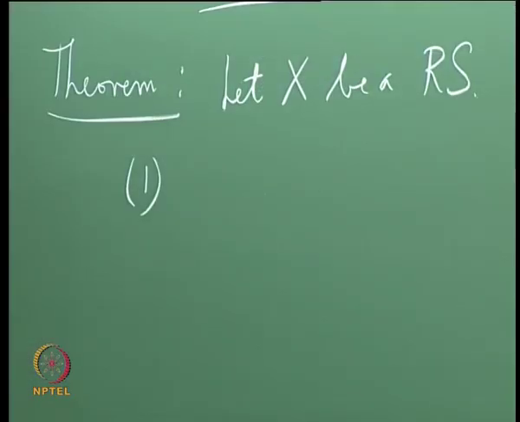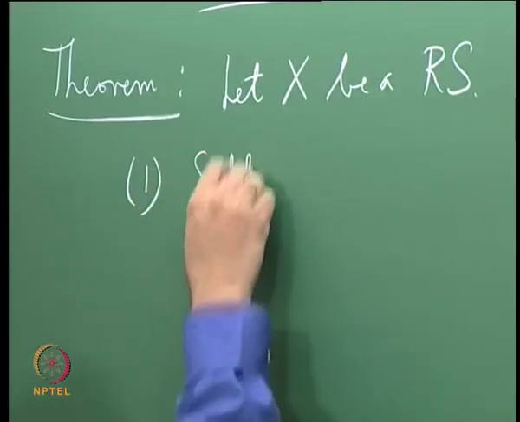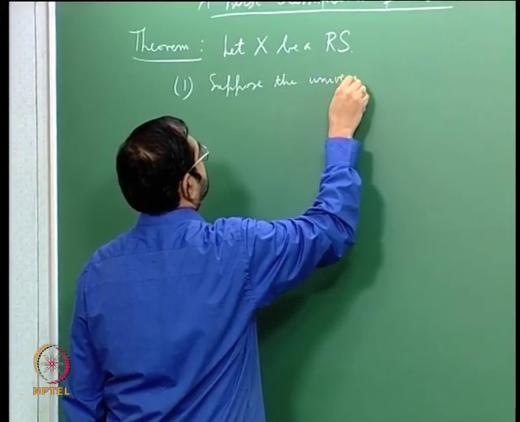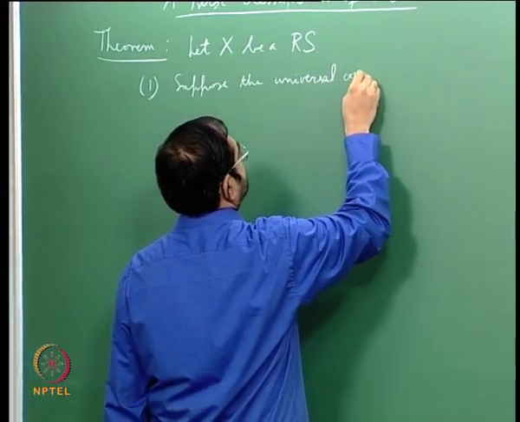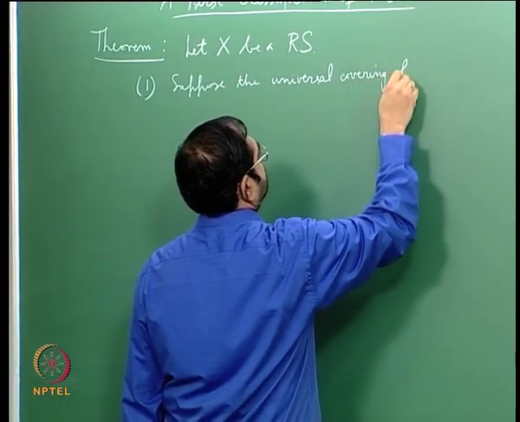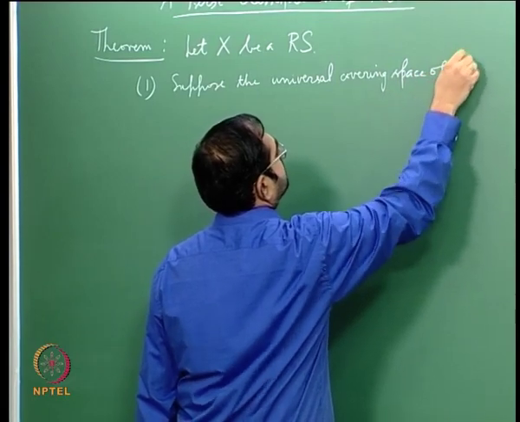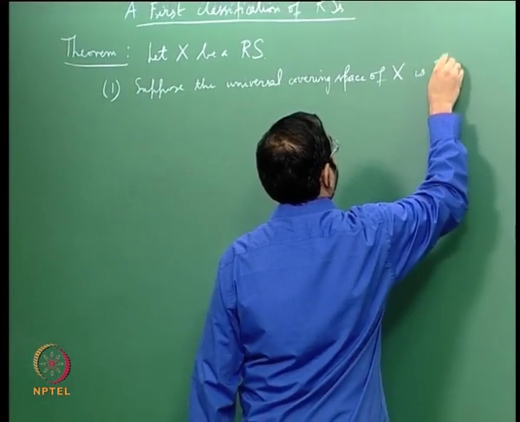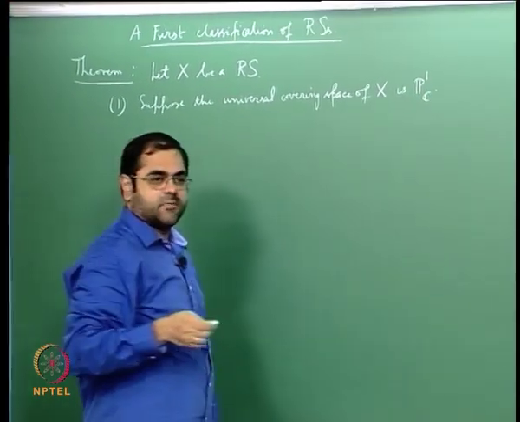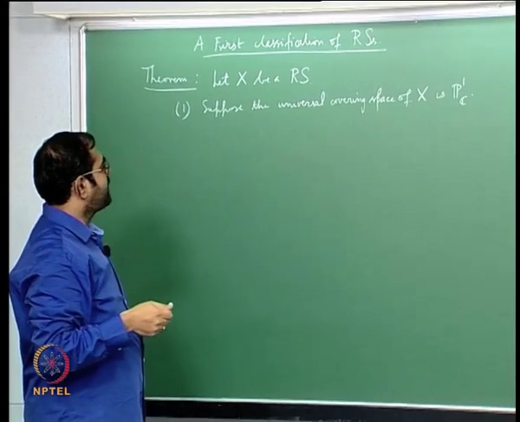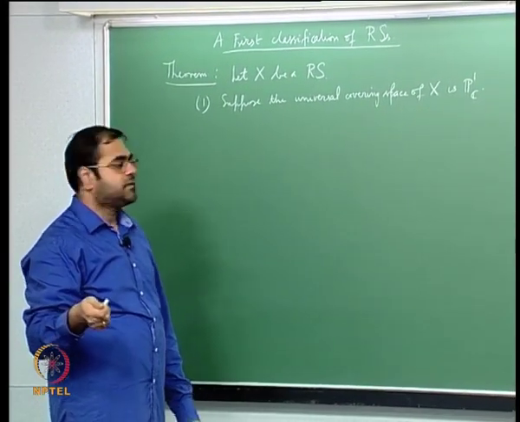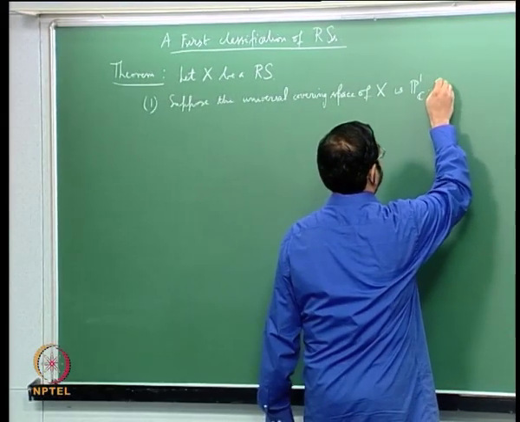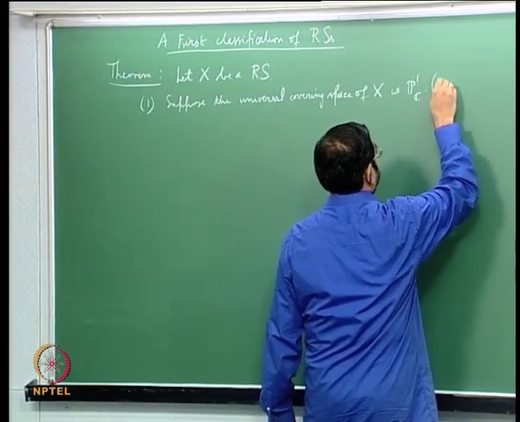Suppose the universal covering space of X is P1, namely the Riemann sphere.